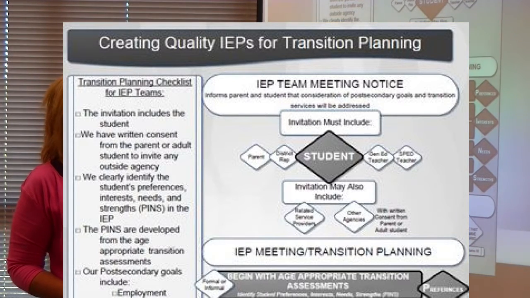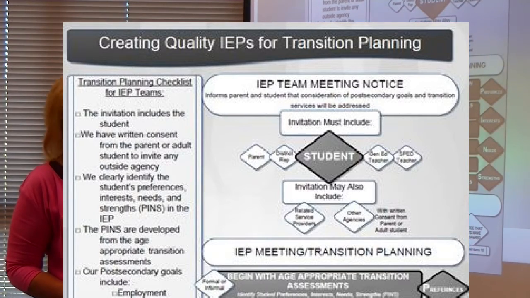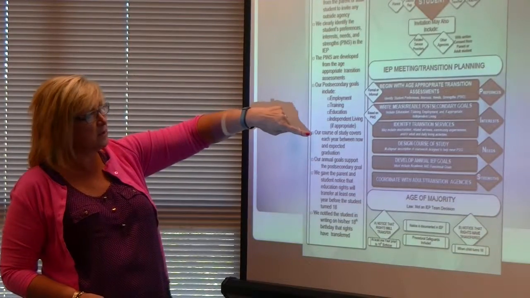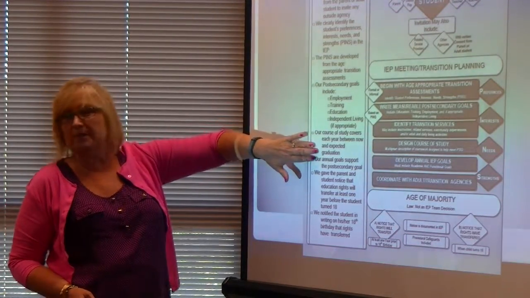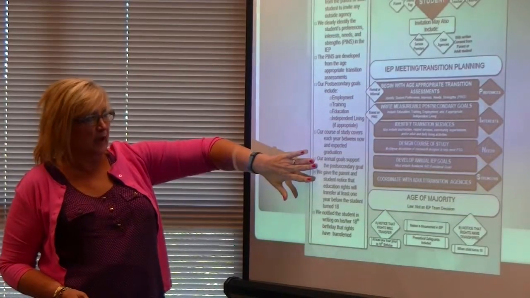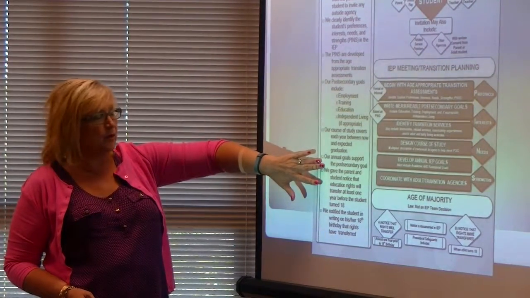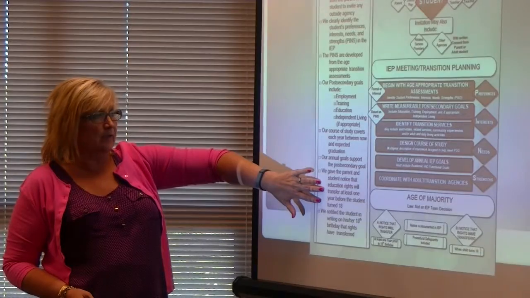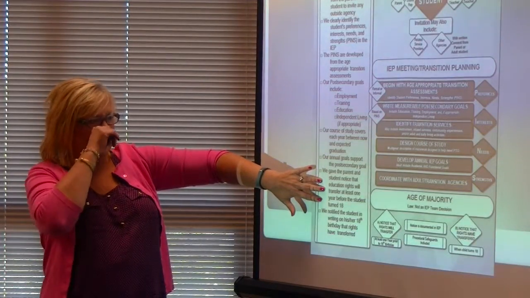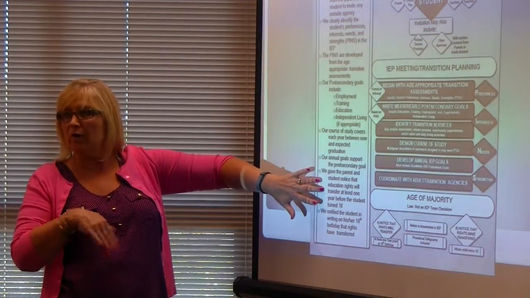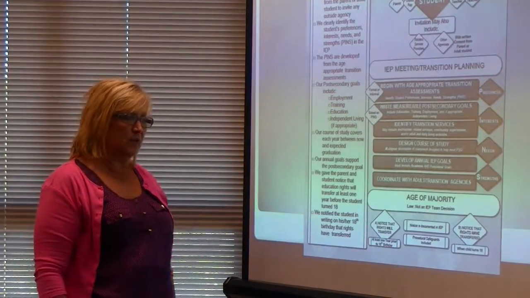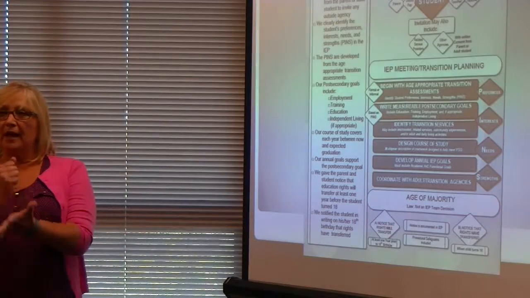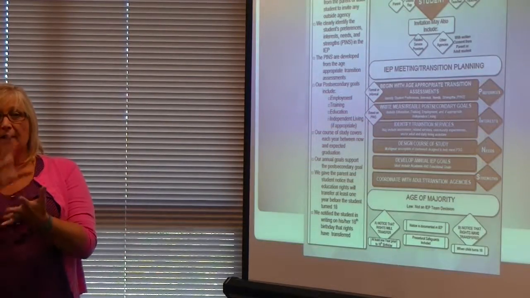Your post-secondary goals include employment, training, and education, or you've at least considered all of those goals and written them in 2 areas. Your course of study covers each year between now and the expected graduation. Your annual goals support your post-secondary goal, and you gave the student notice that education rights transfer over, which is a piece of transition. And you've notified the student in writing on his or her birthday at 18.